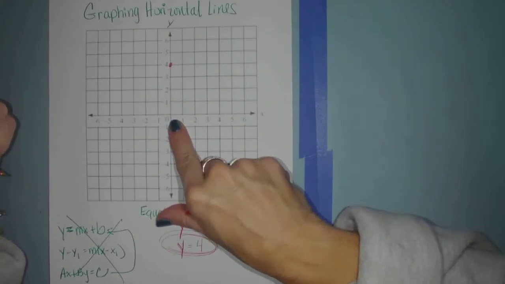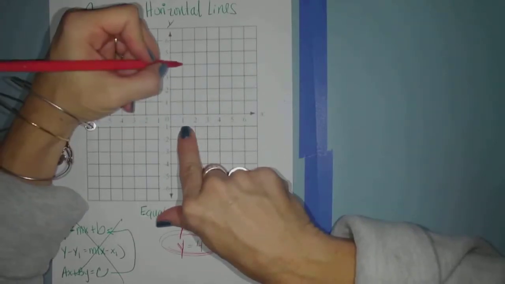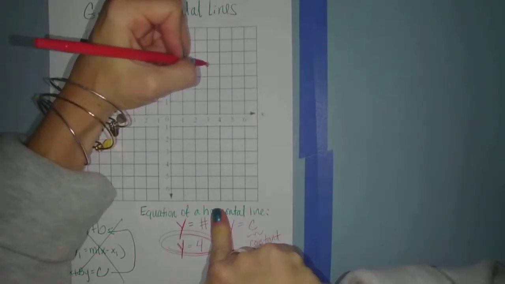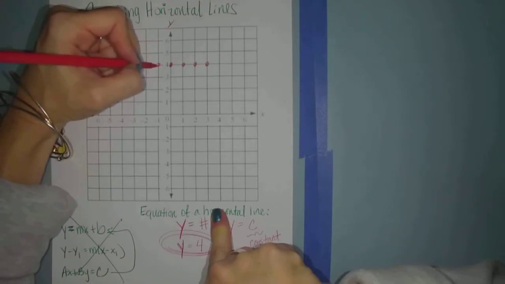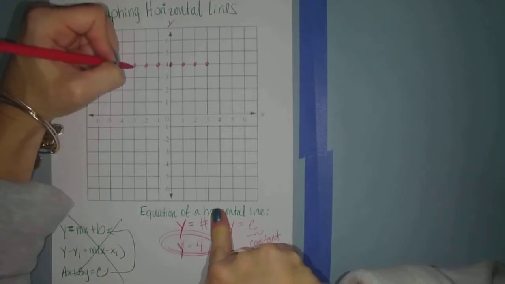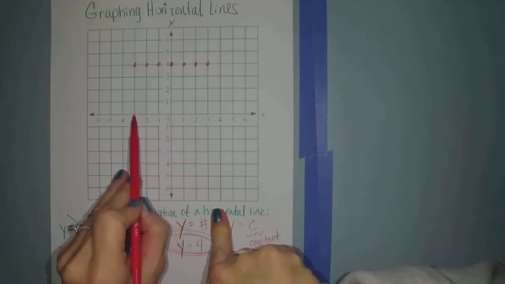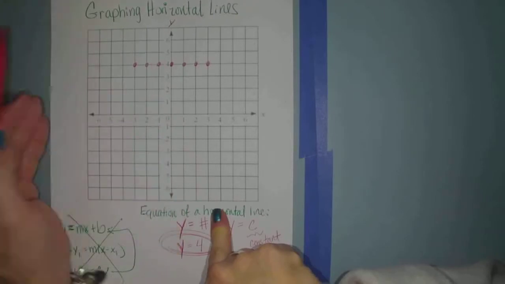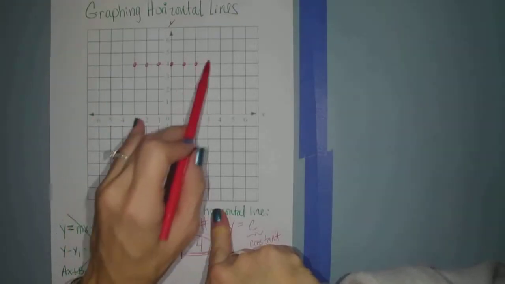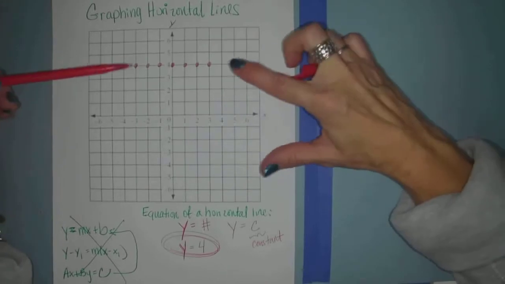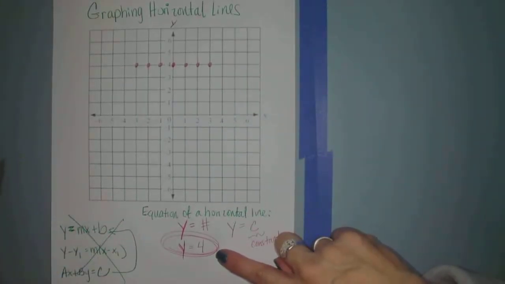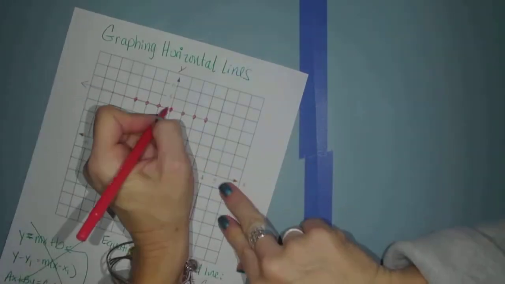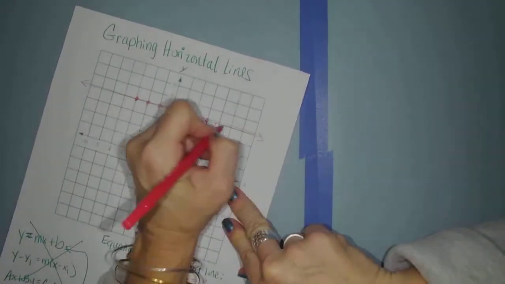But guess what? y also equals 4 here, here, here, and everywhere, right? This is (-3, 4), (-2, 4), (-1, 4), (1, 4), (2, 4), (3, 4). But no matter what, all these coordinates have their y value at 4. So all you do is put your ruler down and draw your line. This is the line y = 4.